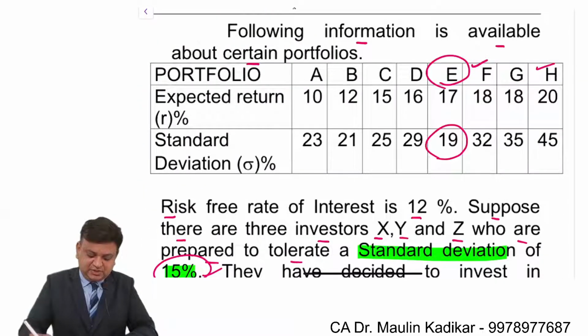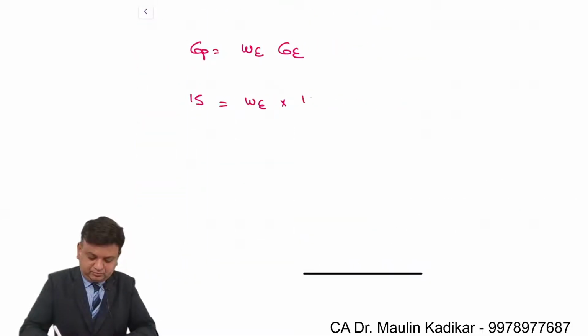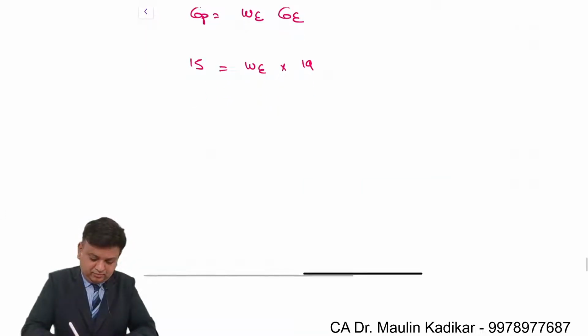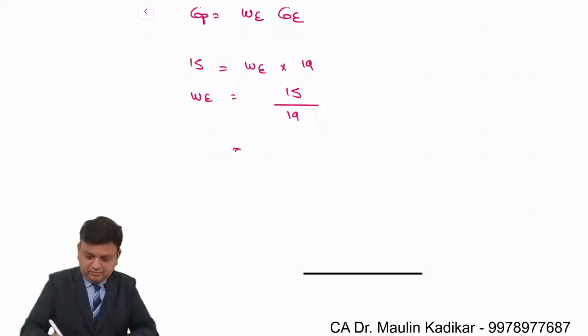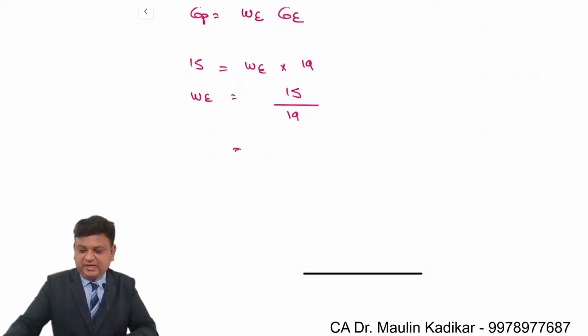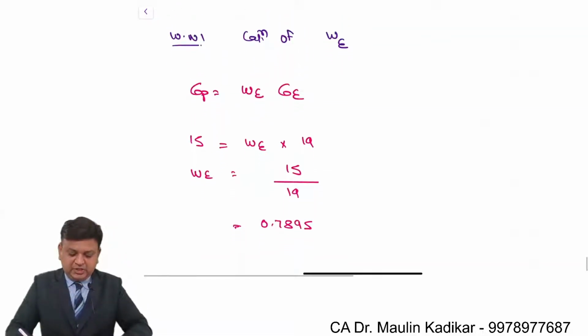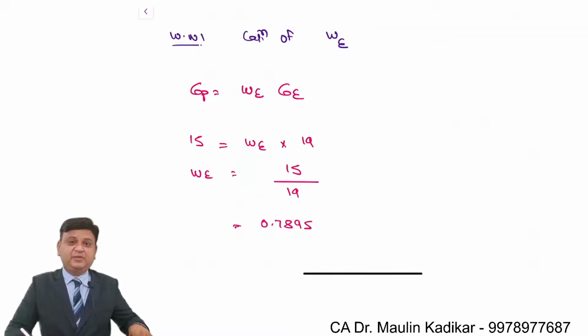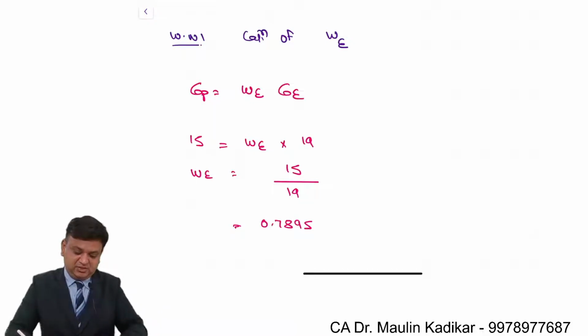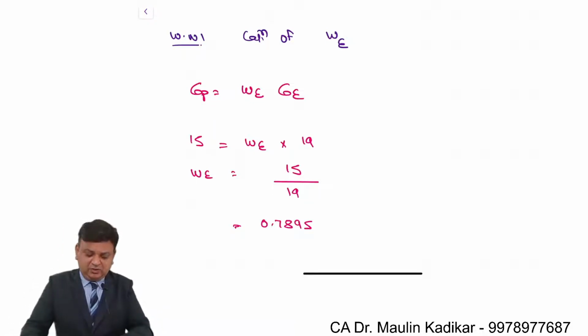It is 19%. So weight of E is 15 divided by 19. 0.7895. So you should invest 78.95% of your portfolio in E portfolio so that the sigma P would be 15%. This is the simple working note.